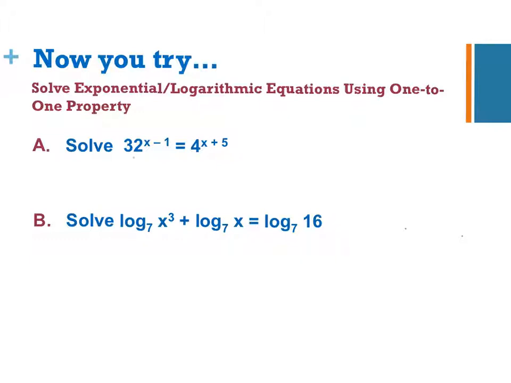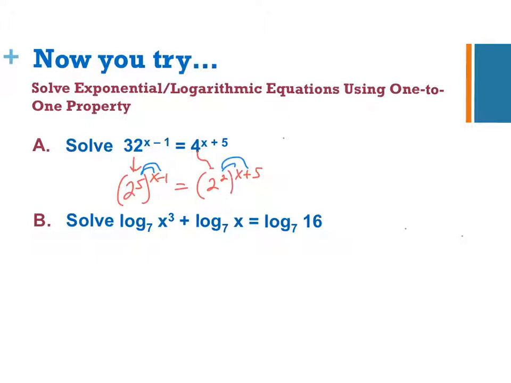So in the first case, you should have written 32 as a base 2 as 2 to the 5th, and 4 as a base 2 as 2 squared. Using properties of exponents, I can distribute the 5 through the left side and the 2 to the right side because we multiply the exponents.